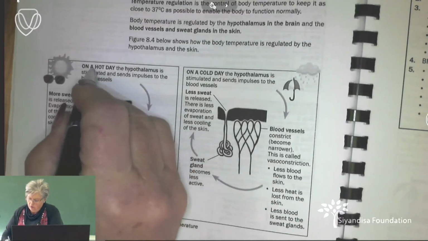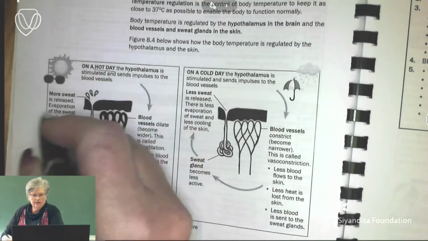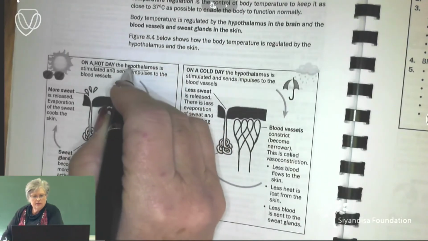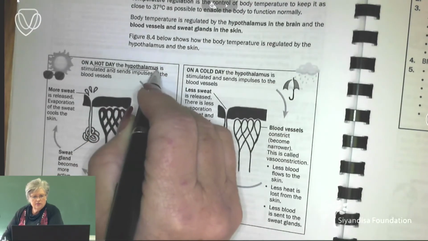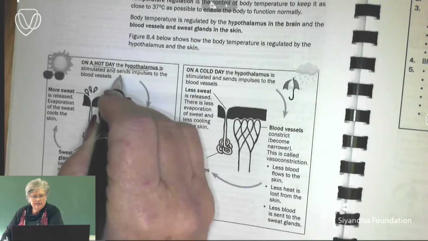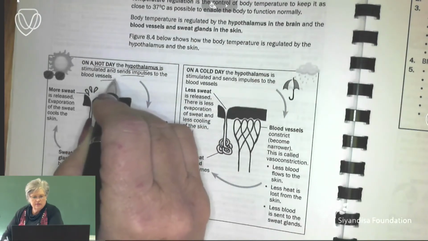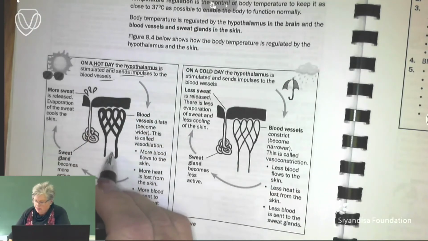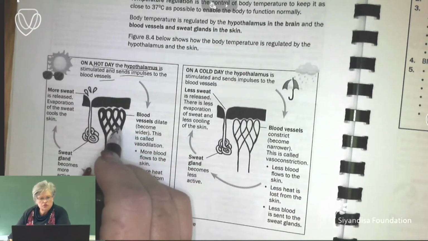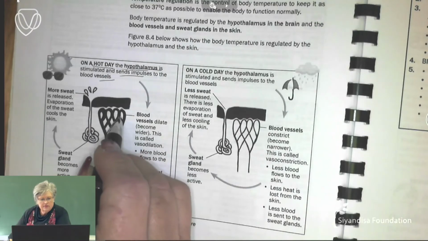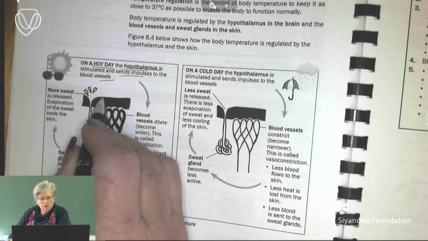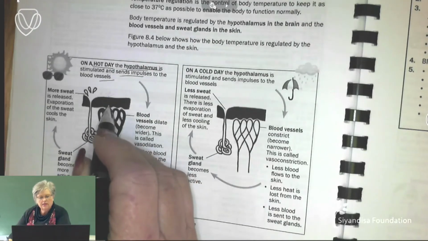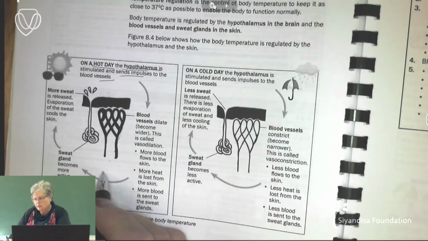On a hot day, again a type of negative feedback mechanism, what will happen? The hypothalamus is stimulated and it sends the impulse to the blood vessels. What does the blood vessel do on a hot day? It makes the blood vessels dilate. If the blood vessels dilate, more heat is given off because it's near the skin and skin temperature gets back to normal.